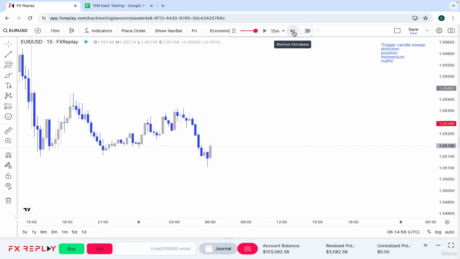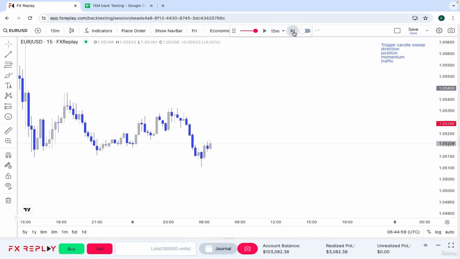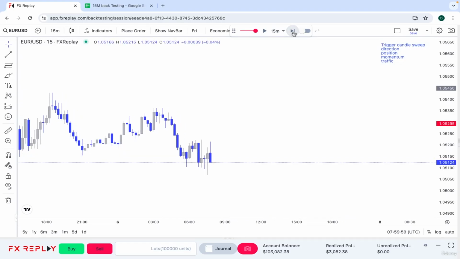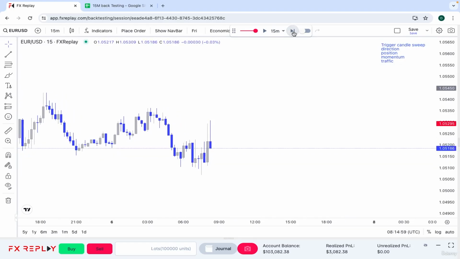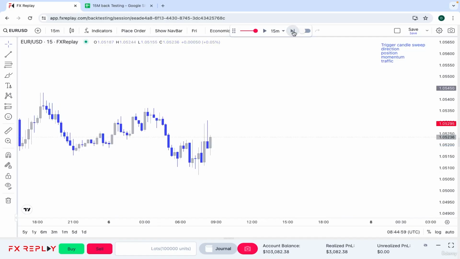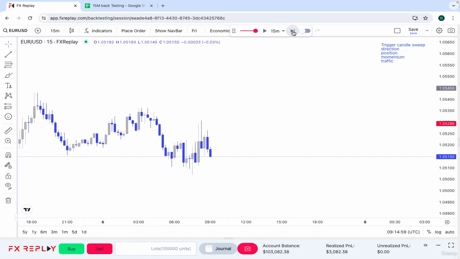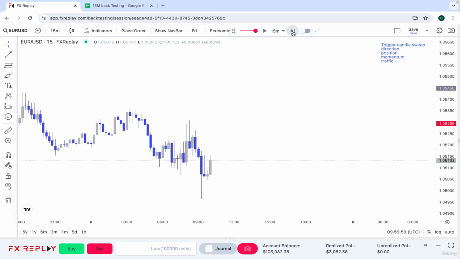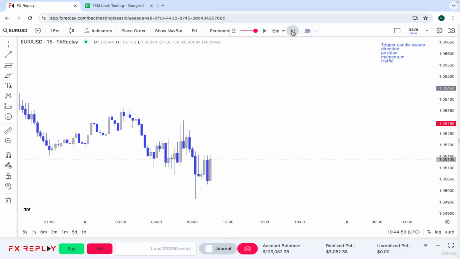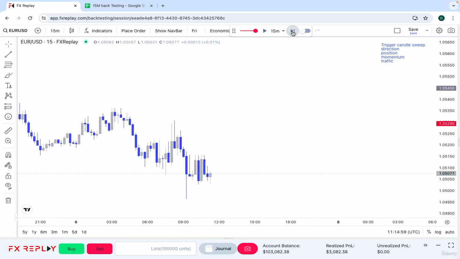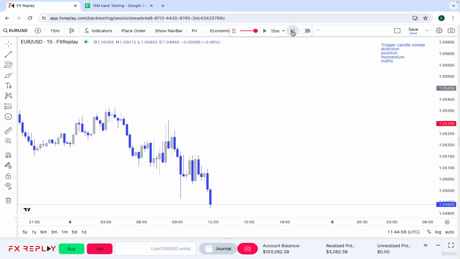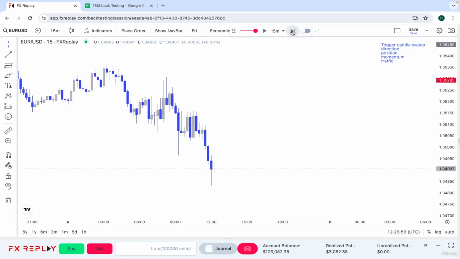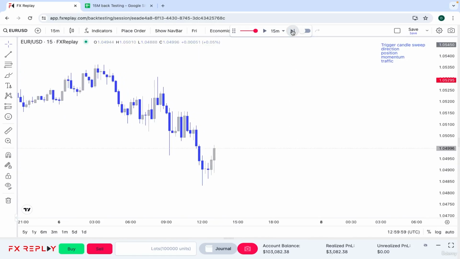We're using a fixed R. Quite choppy. No, nothing really setting up at the minute.